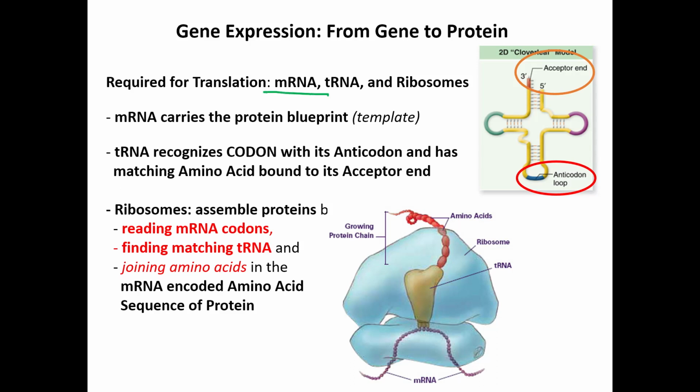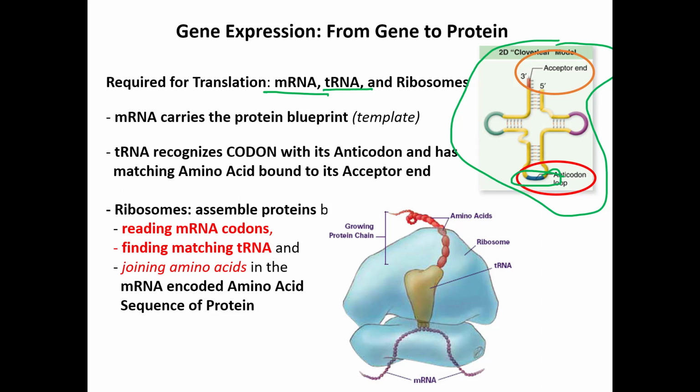Then we find another type of RNA that is known as tRNA, or transfer RNA. An example is shown right here in the diagram. So it has this weird cross-shaped appearance, and there are two parts that are important. We have here the anticodon loop, which is a complementary base pair match to the codon on the messenger RNA.